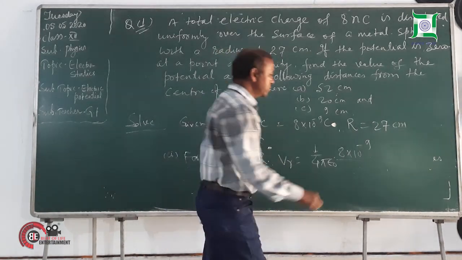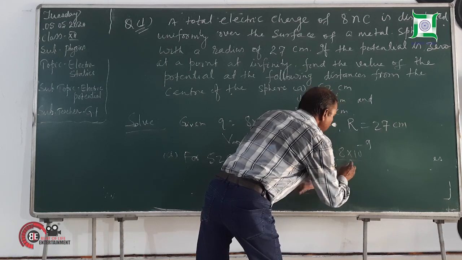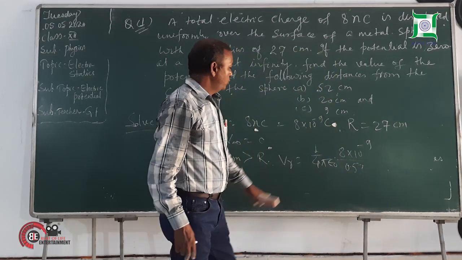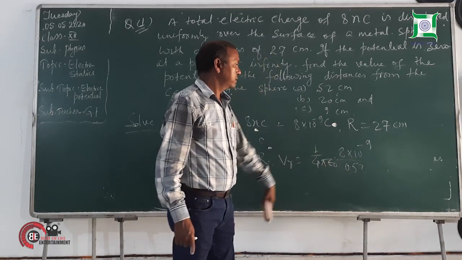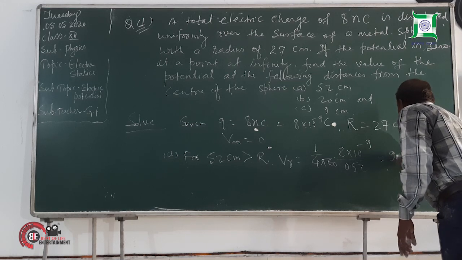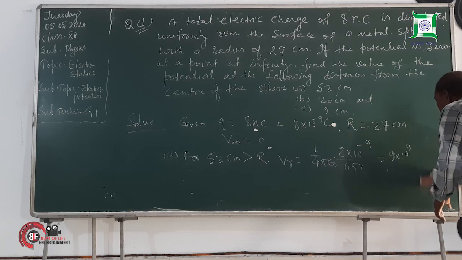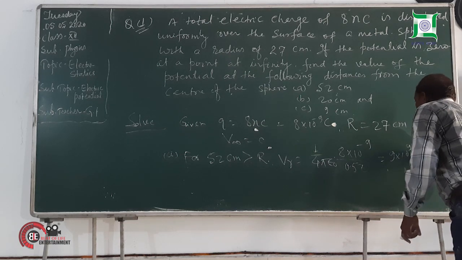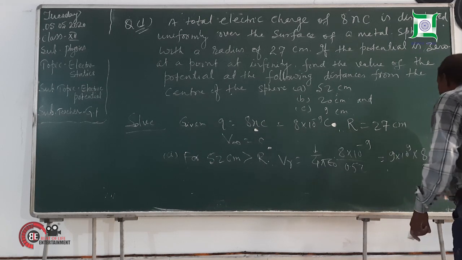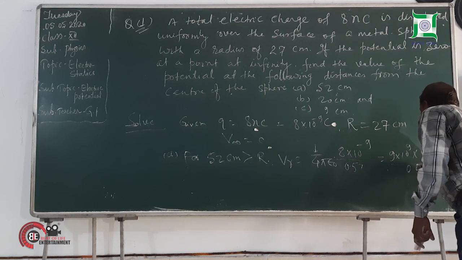We convert this into SI unit. It will be equal to 0.52 meter. We put the value of this constant, 9 into 10 to the power 9, into 8 into 10 to the power minus 9, divided by 0.52.